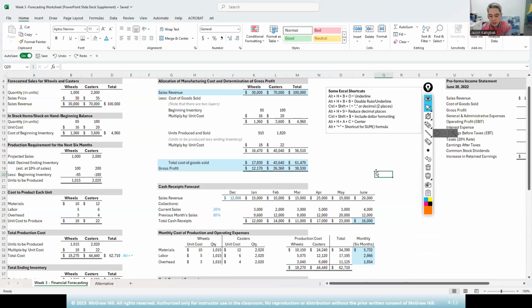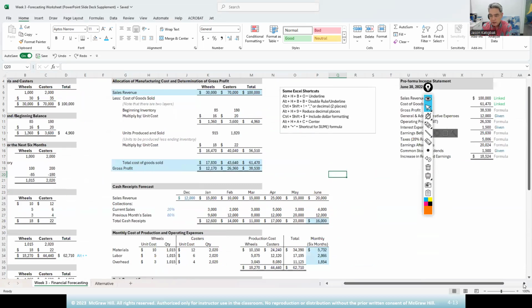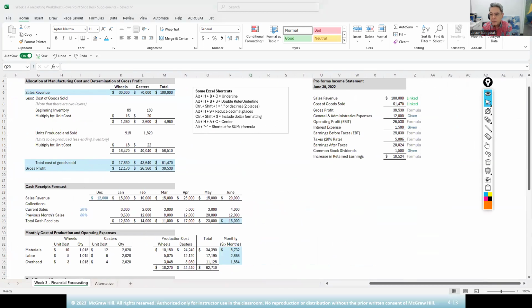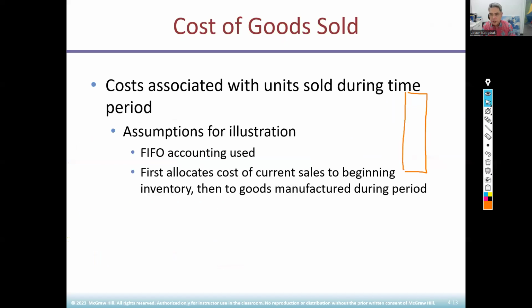Let's go to the right side of this Excel file. If I go to the right side, I have a notation here, so you can actually see it. And then let me go for a quick minute to the PowerPoint that we're looking at. Kindly hold, guys, okay?